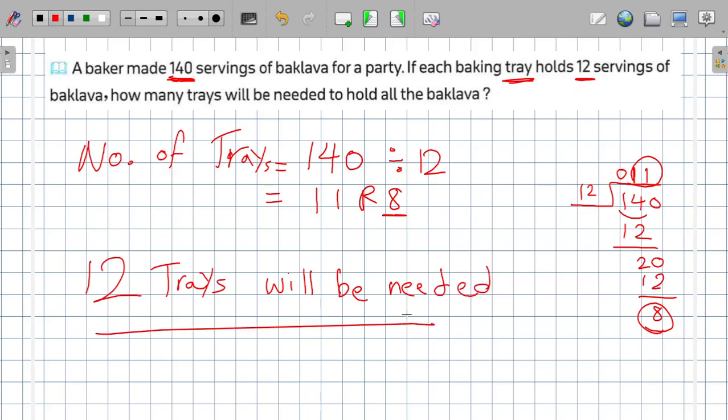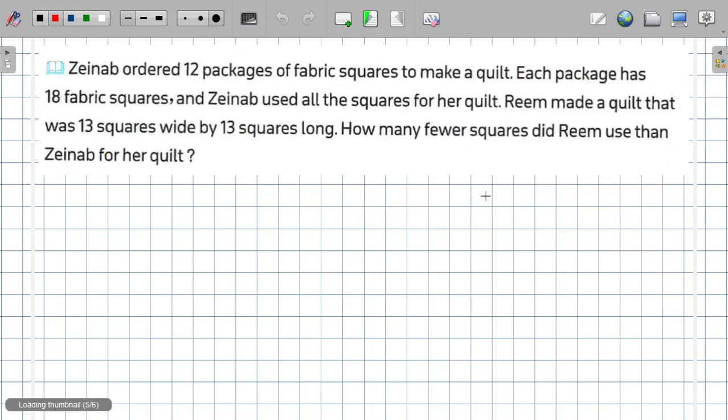Okay. The next question, and the last one I have: Zainab ordered 12 packages of fabric squares to make a quilt. Each package has 18 fabric squares. And Zainab used all the squares for her quilt.